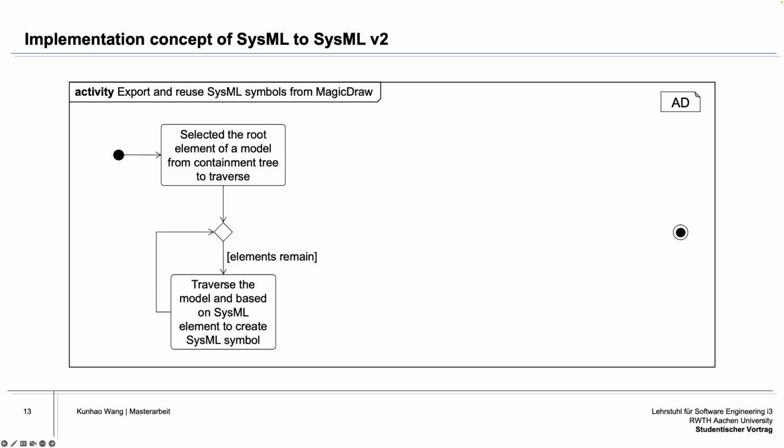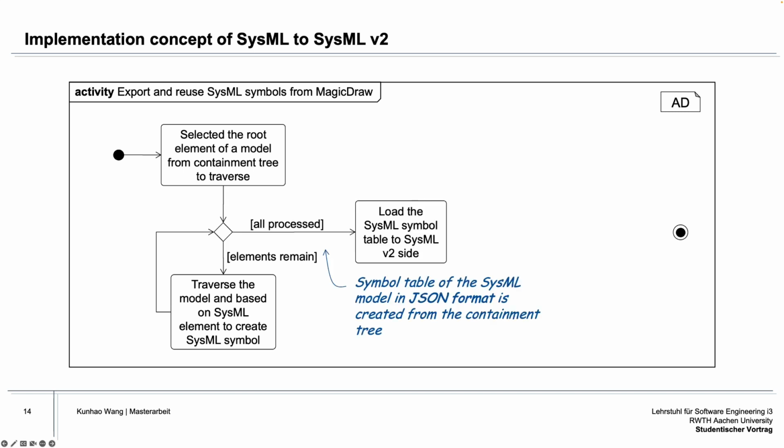We transitively traverse the model elements and create the corresponding SysML symbol based on the SysML element according to the mapping table. After all symbols of the model elements are processed, the symbol table of this model is generated, which is in JSON format.